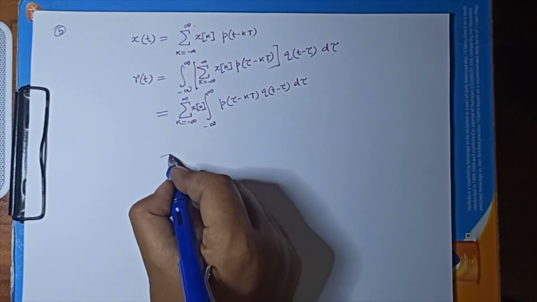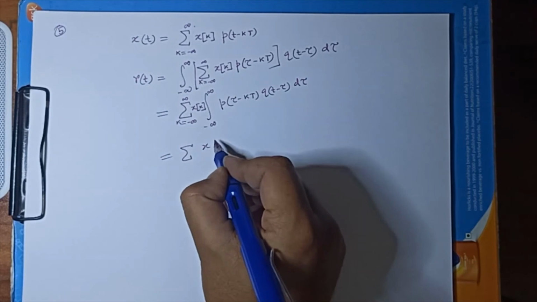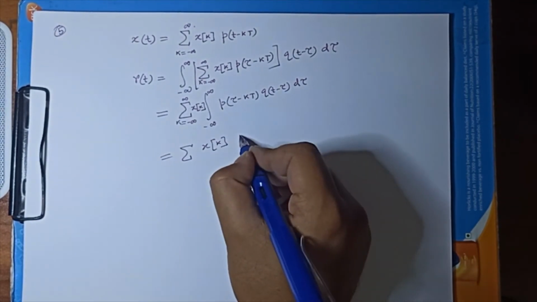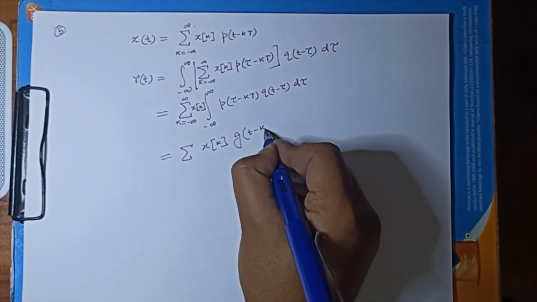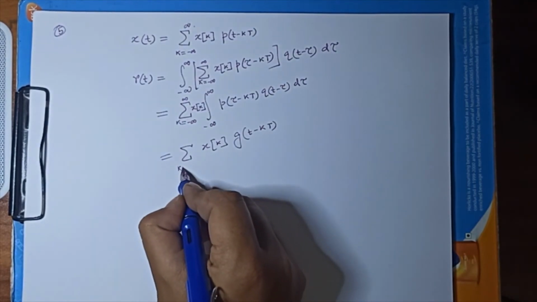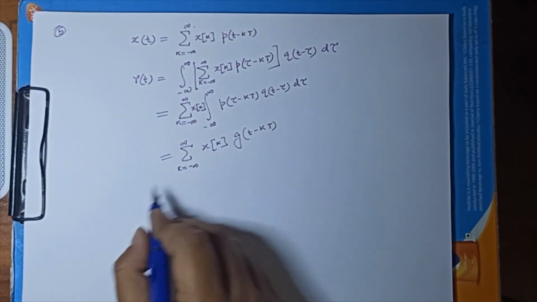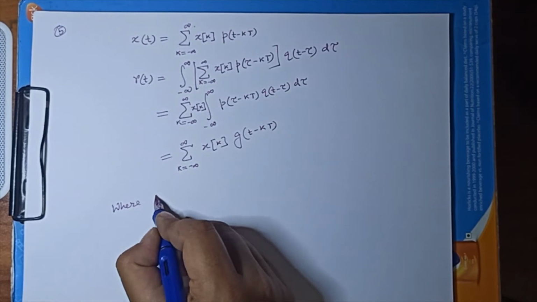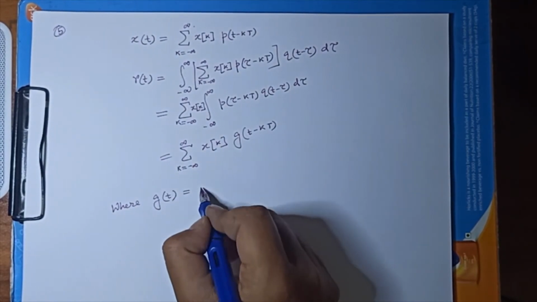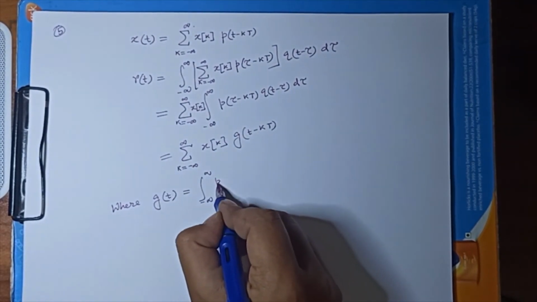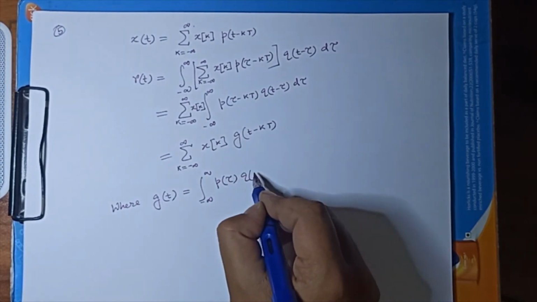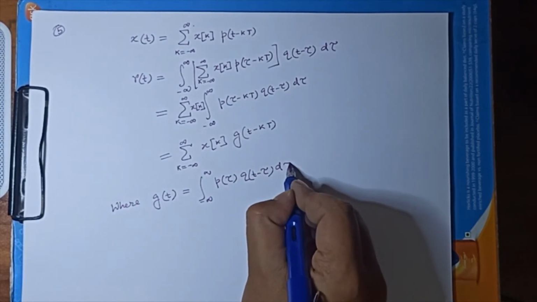So I can write this as the summation of xk g(t minus kT) for k equal to minus infinity to infinity, where this g(t) is essentially the integral of p(tau) q(t minus tau) d tau.